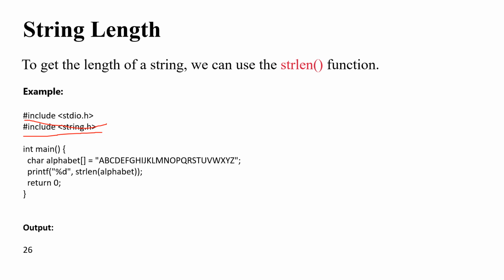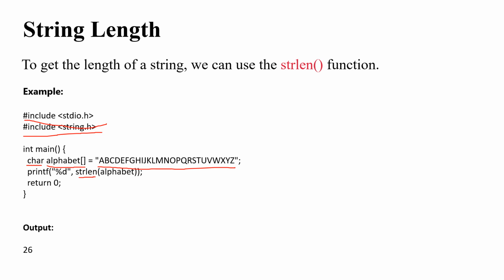This int main indicates that the execution starts from here, and there is a character array. char is the data type, and alphabet is the name of the array, and it is initialized with a string. We are going to find the length of the string named alphabet using the strlen function. The strlen function finds the length of the given string.